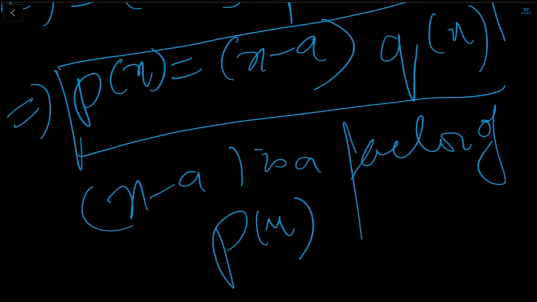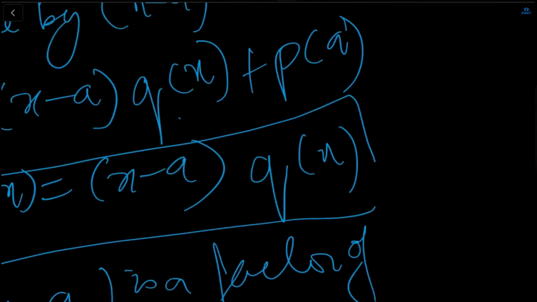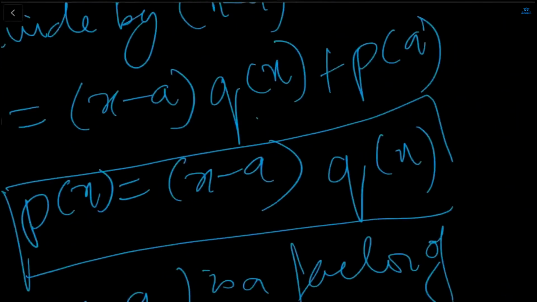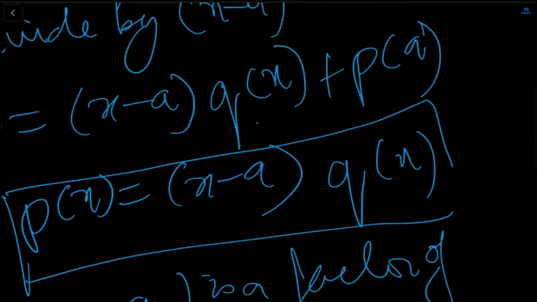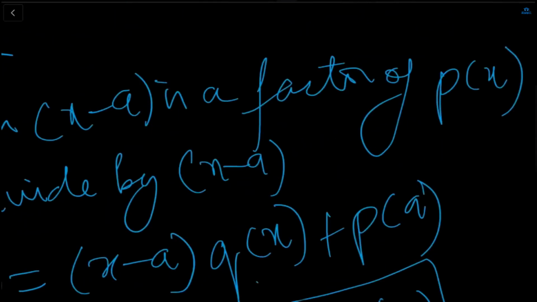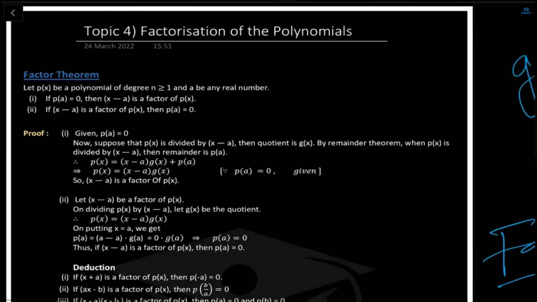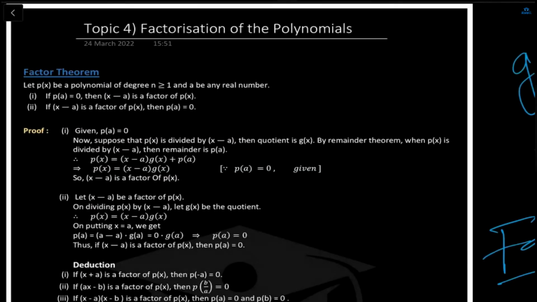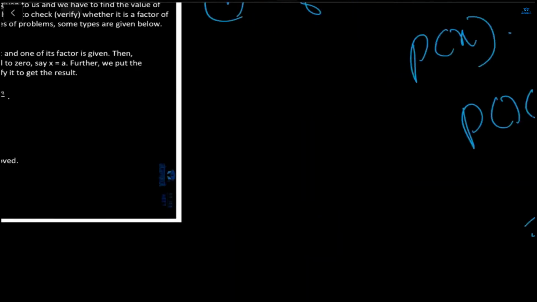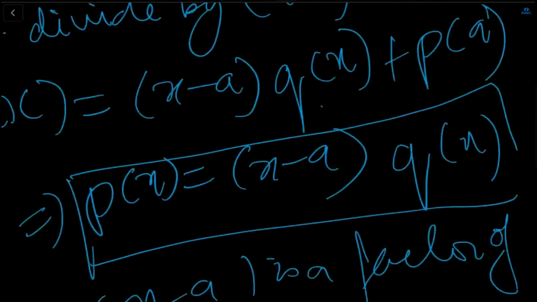I have written p(x) equal to (x minus a) q(x) plus p(a) from the remainder theorem, and since p(a) is given to be 0, we got p(x) equal to (x minus a) q(x). So it is clear that x minus a is a factor of p(x).